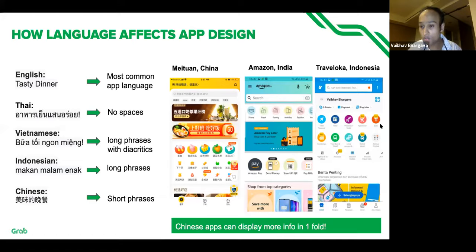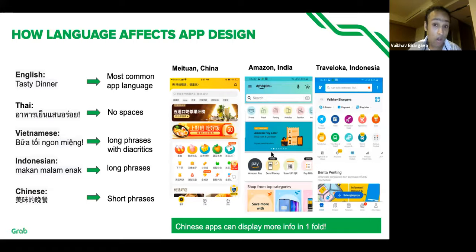And then I want you to notice the third app here, which is Traveloka. You will see that though they have tried to cram in information, it looks very cluttered because everything takes 2 lines. The words are just longer, so there is a subtitle which takes 2 lines. So it's difficult for someone to design for that if they are used to designing for a Western market.